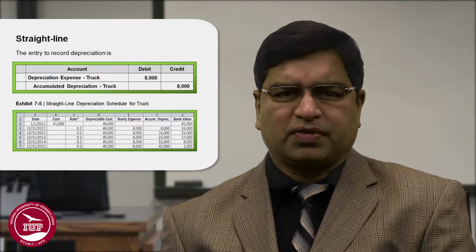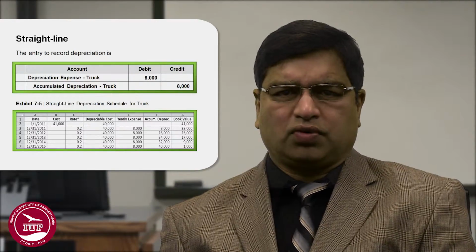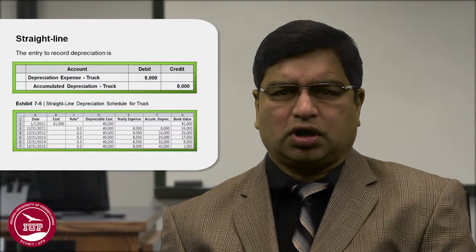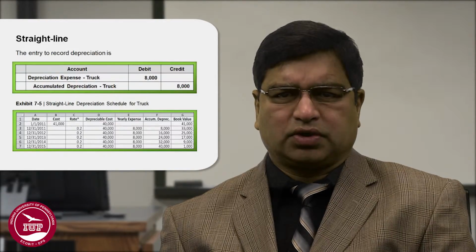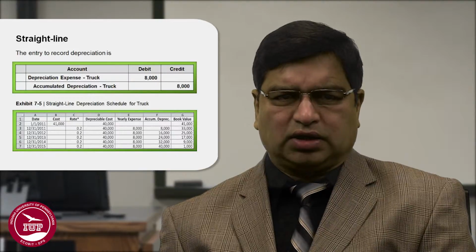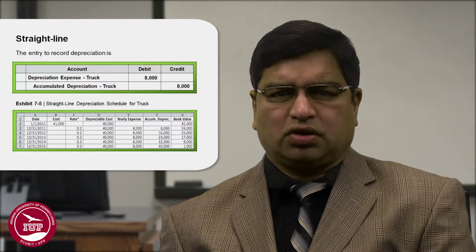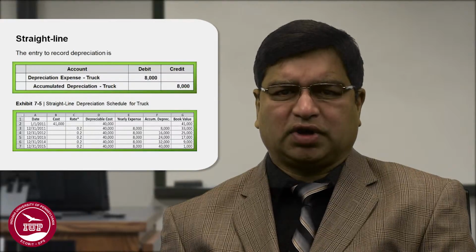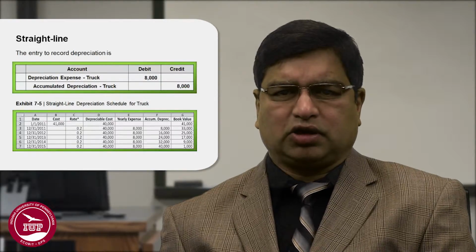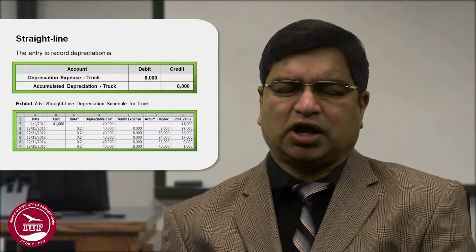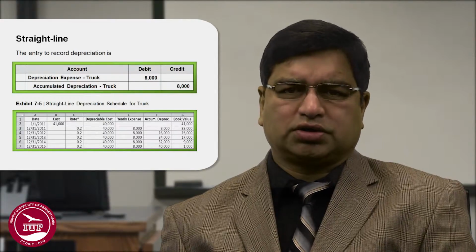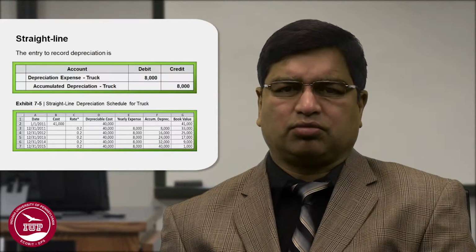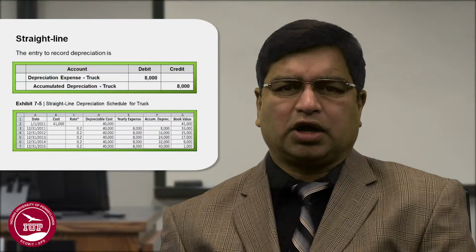From the book value of 41,000, you subtract the $8,000 to come to the balance of 33,000. And then next year also, you've got an 8,000 reduction bringing down the value to 25,000, and the accumulated depreciation account to 16,000, because you've got 2 years of depreciation expense accumulated there.